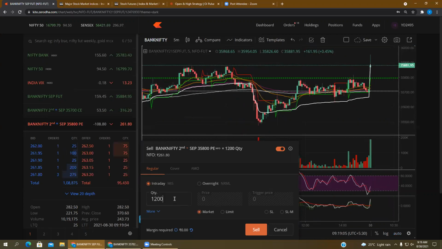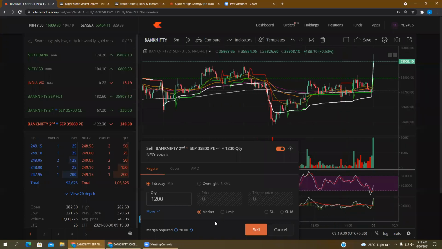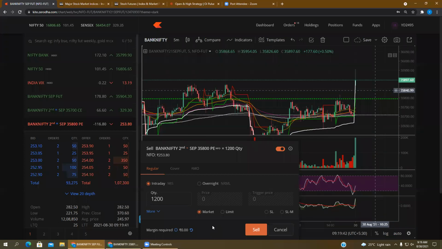If we get a gap fill would be great. Nifty is going up, but Bank Nifty is not.